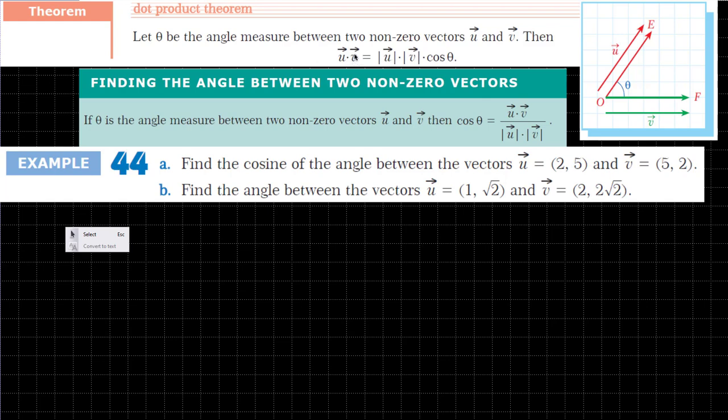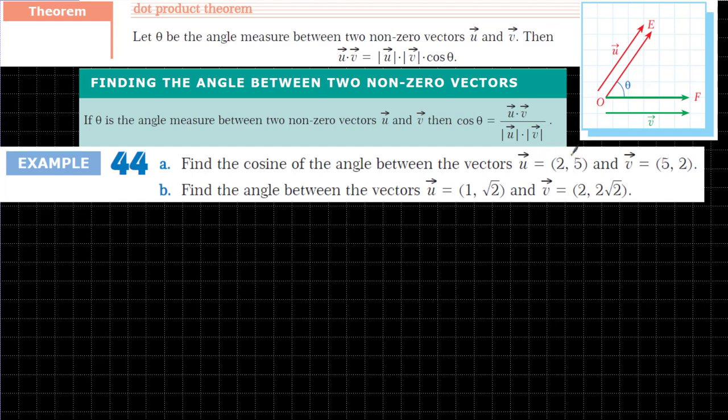What I am trying to tell is this: if you are looking for only cosine theta, it is u dot v divided by the length of u times the length of v. I am going to continue with exercises to explain this case.